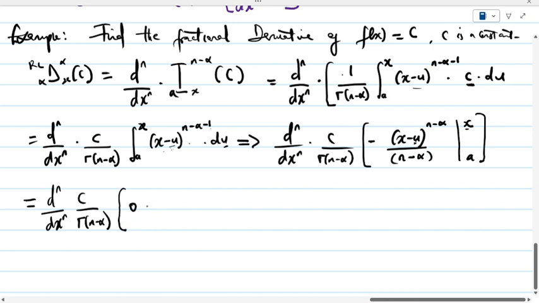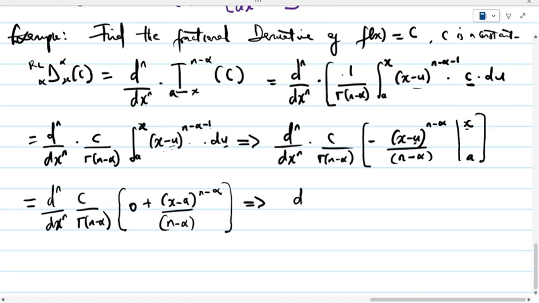So you have 0 minus minus. Because of this negative, you can just have it as positive. So substitute u for a, then we have x minus a to the power n minus alpha, over n minus alpha.